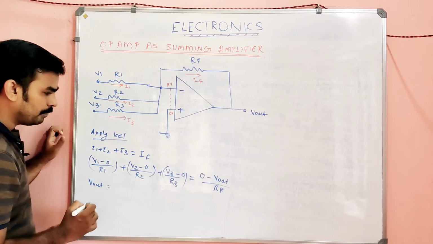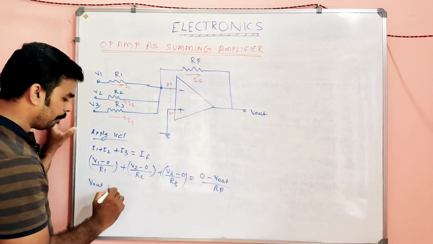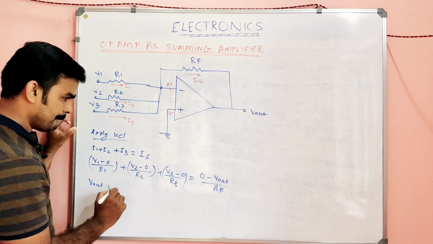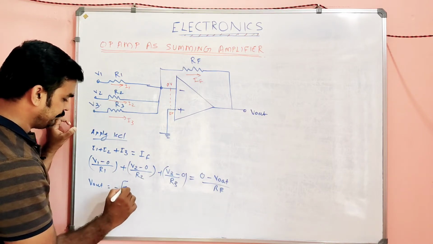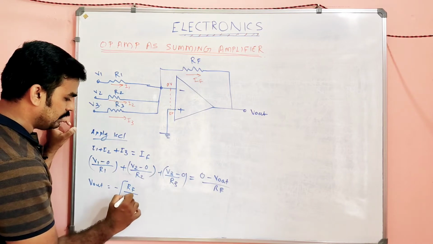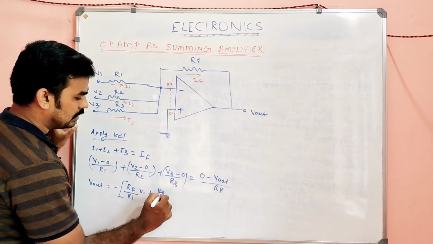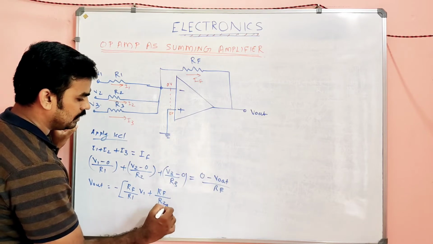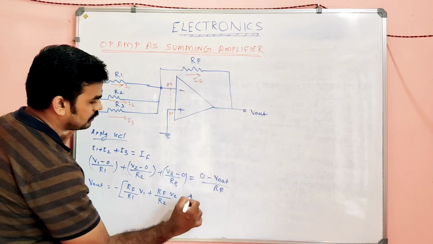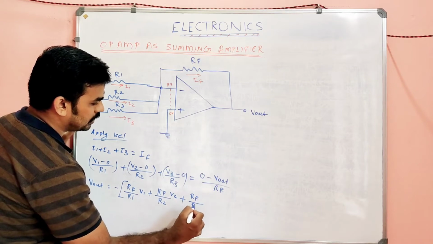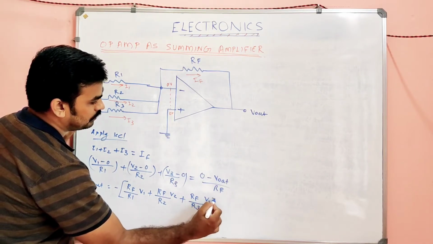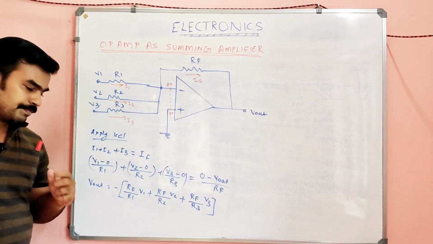Vout is equal to minus of RF by R1 into V1 plus RF by R2 into V2 plus RF by R3 into V3. Am I right?